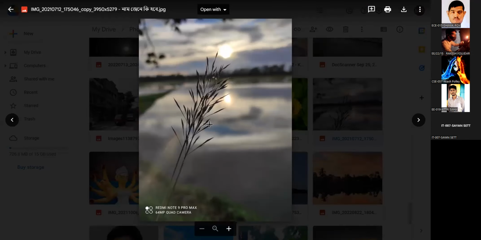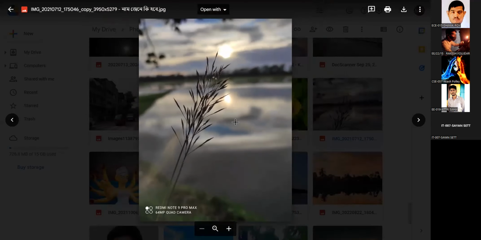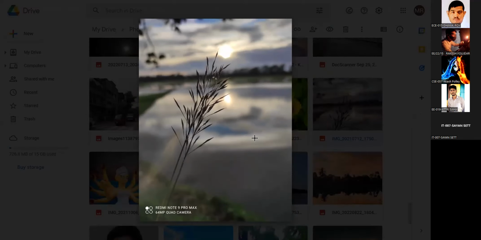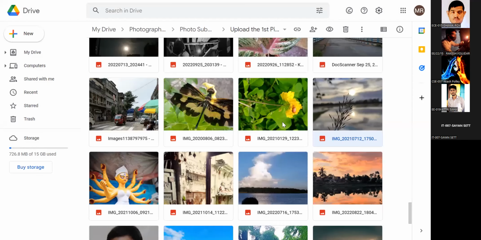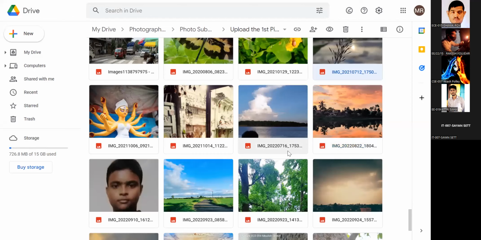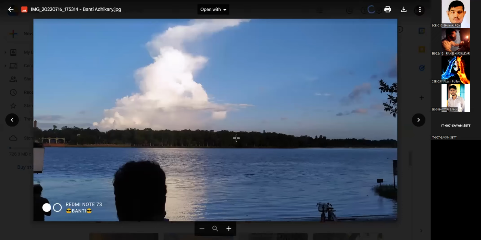That is also a good one. Yes, the focus and everything is adjusted properly, so I must say it is a very good picture. Yes, it is like the after effect of Hiroshima. Good one.